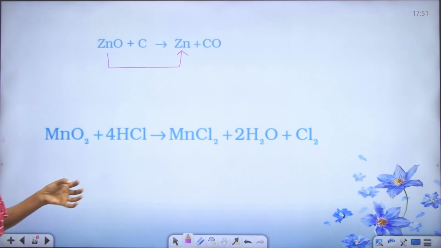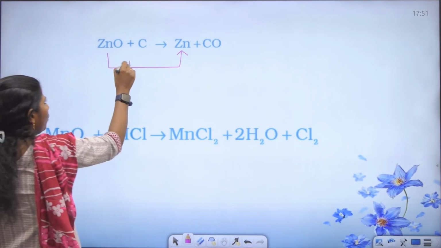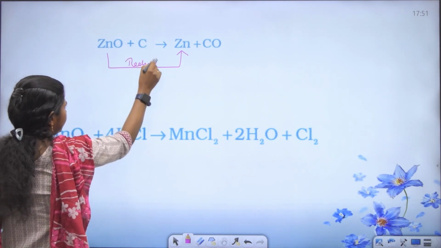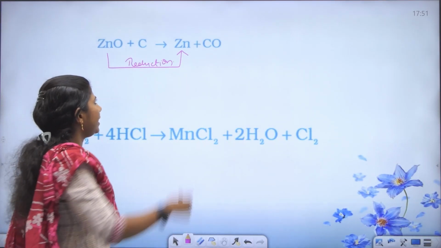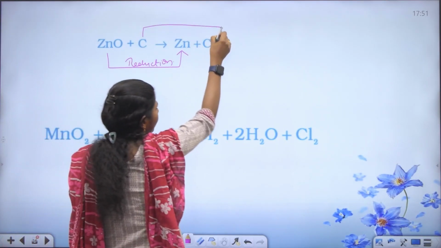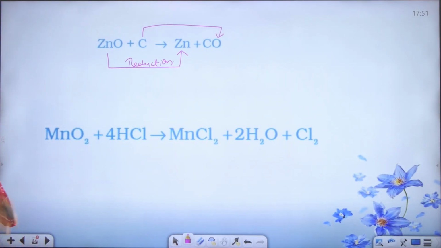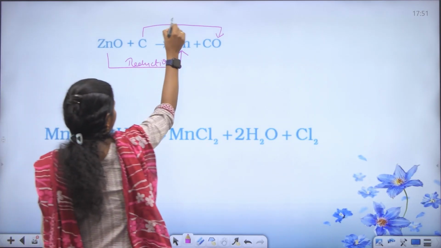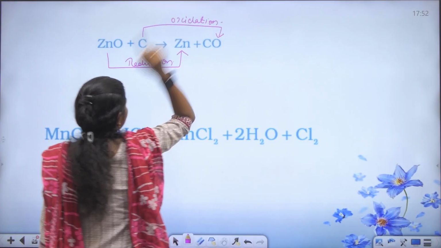Removal of oxygen is reduction. And here carbon changes to carbon monoxide, CO. Addition of oxygen is oxidation.